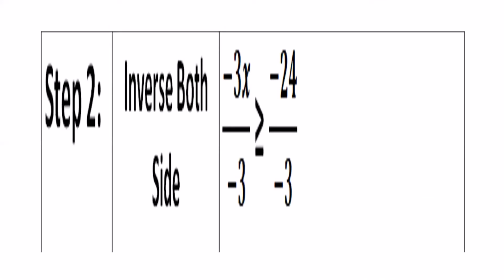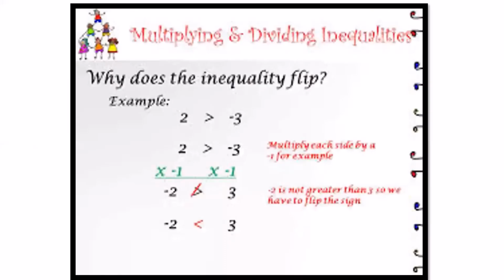So our next step, we're going to use the inverse on both sides. That means we're going to divide by negative 3 on both sides of the inequality sign. Now, one thing you have to remember is when you're multiplying and dividing an inequality, why does the inequality sign flip? Now, y'all, the only time the inequality sign will ever flip is if you're multiplying or dividing each side by a negative number.